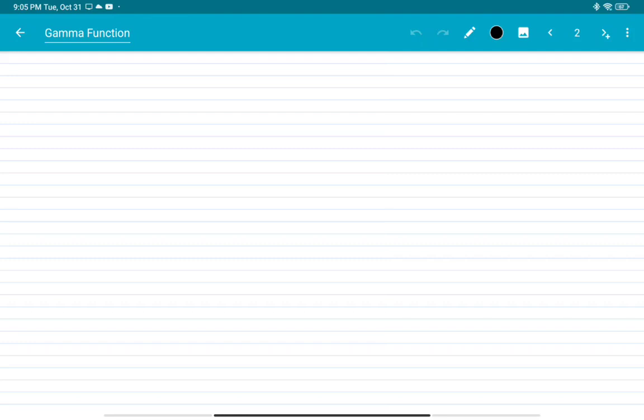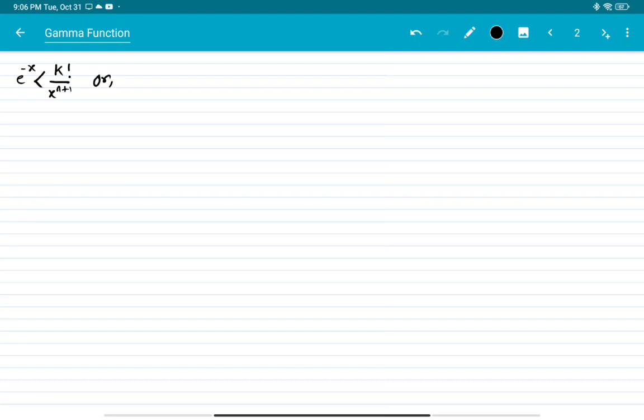this k factorial over x to the power n plus 1 is obviously greater than e to the power minus x.